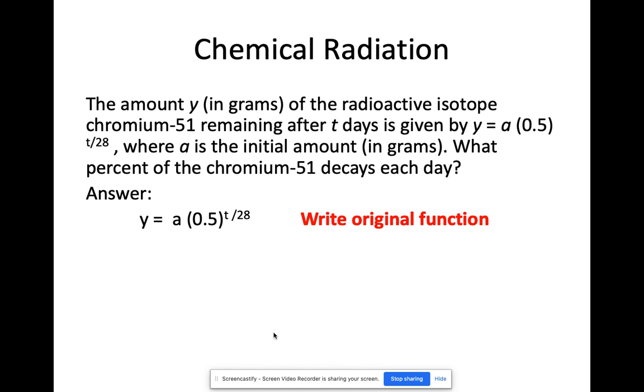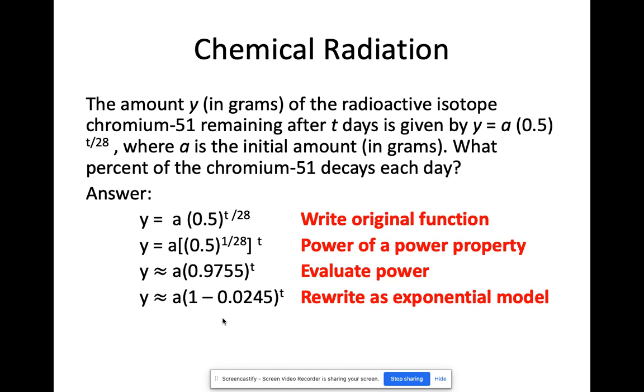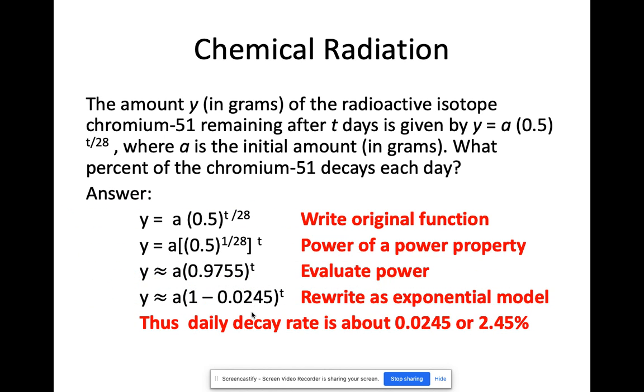Now you need to express this in terms of T, so I have to move 28 in and then simplify this, which is 0.9755, and then subtract that from 1, and you get the percentage. So it's about 2.45%.